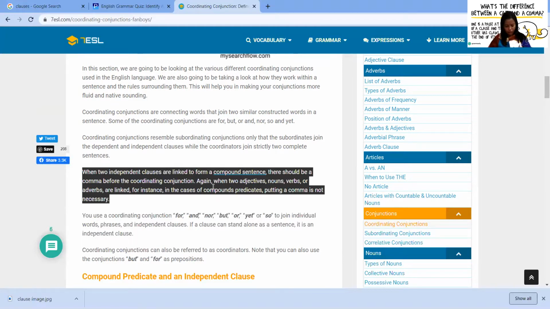For example, it was raining, so I took out an umbrella. Now, it was raining is one part, and so I took out an umbrella is the other. So where will that small punctuation, the comma, lie? That is a point to be noted.